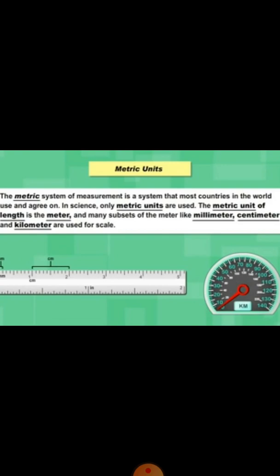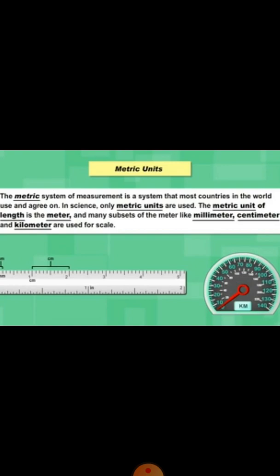Metric units, which are universally applicable to measure the length of all things. Clear? If we use non-standard units, then the length can differ, but when we use metric units or standard units to measure the length of objects, it will be the same at all places.